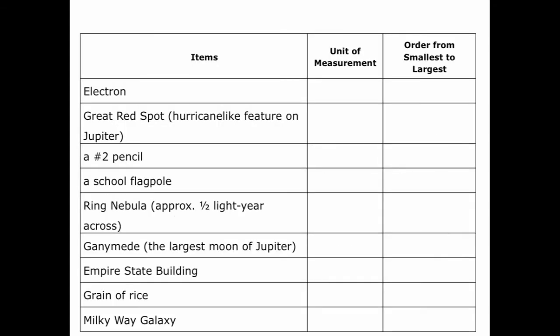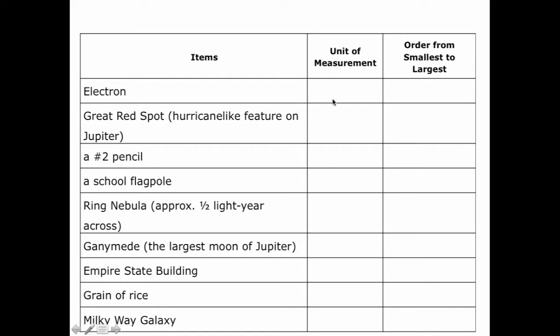So here you have an electron, the Great Red Spot, a number 2 pencil, a school flagpole, a nebula, the largest moon on Jupiter, the Empire State Building, a grain of rice, and the Milky Way galaxy, the entire Milky Way galaxy. So over here, I want you to tell me what unit you would measure it with.